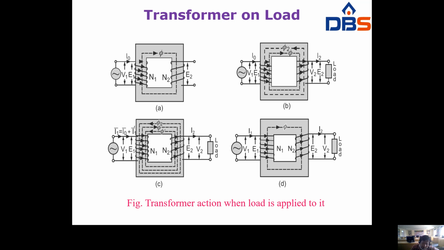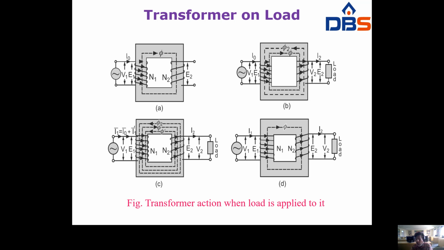Now coming to the I2, when the load is connected, I2 flows through the winding. Here also it may produce another flux. Please listen clearly. At no load condition, the primary supply voltage is connected across the primary winding, and primary current is flowing, which produces primary flux pi.